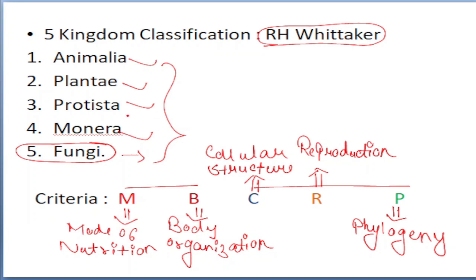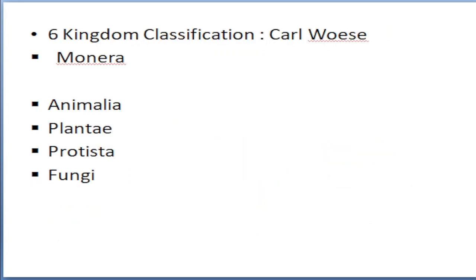Further, there was the addition of another kingdom, that is a sixth kingdom. This sixth kingdom classification was explained by the scientist Carl Woese.